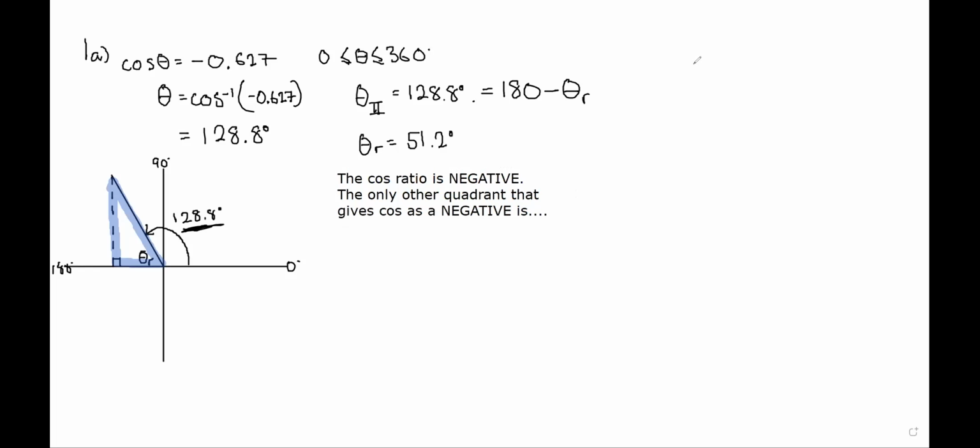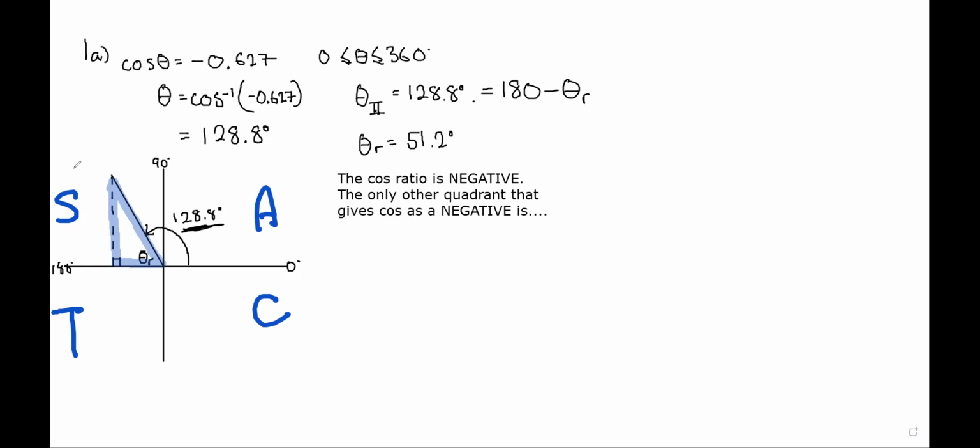anyone? Can anyone pinpoint which quadrant I'm dealing with? You're saying everything, Nathan. You're right the first time. Take a look. In quadrant 1, every single ratio is going to be positive, so all. That's why the calculator didn't give me an angle between 0 and 90. I'm not looking for an angle in there.